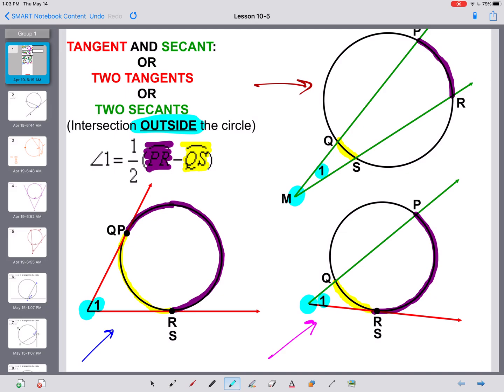Angle 1 equals 1/2 times the bigger arc minus the smaller arc. That's our formula. And again, that's good for a tangent, a secant, two tangents, or two secants. Okay, you got your formula sheet. Let's go do some problems.